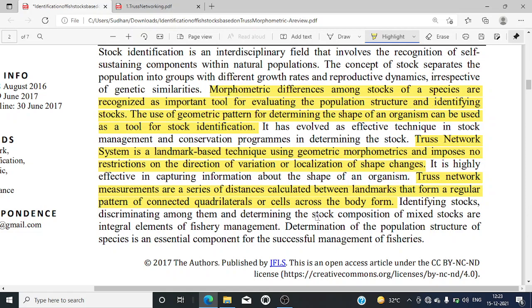Here we are using this truss network for differentiating the stocks of the species by using geometric measurements, so that we call it as distance calculated between the landmarks.